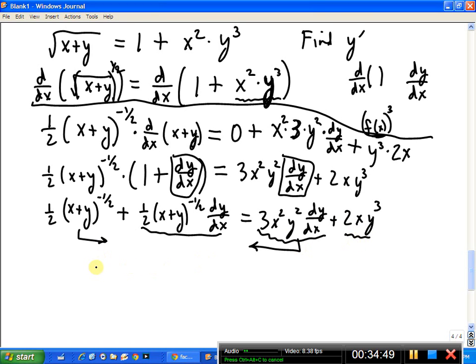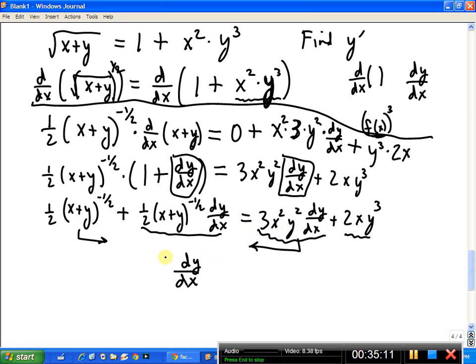So here's what I'm going to have. I'm going to have dy/dx left, and I'm going to have this factor multiplied by dy/dx, and this factor with a minus multiplied by it. So I'm going to start skipping some steps here. This term, when it goes over to the left, is going to have a minus in front because I have to subtract it from both sides.